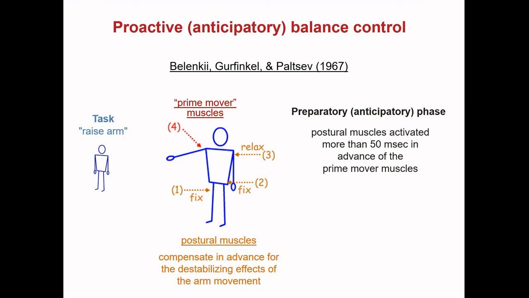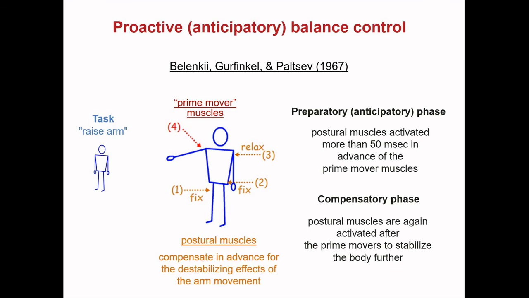Specifically, in this study, we see postural muscles activated more than 50 milliseconds in advance of the prime mover muscles. In this movement, we will also see a compensatory phase, where postural muscles are again activated after the arm has moved to further stabilize the body. The compensatory phase is another way of saying that we're seeing reactive balance processes.